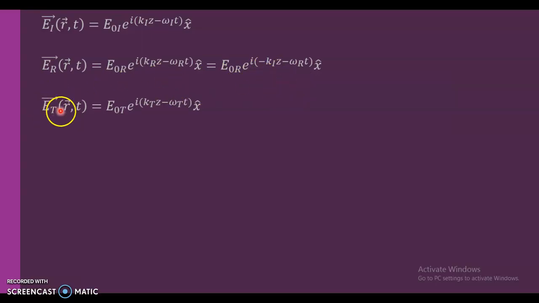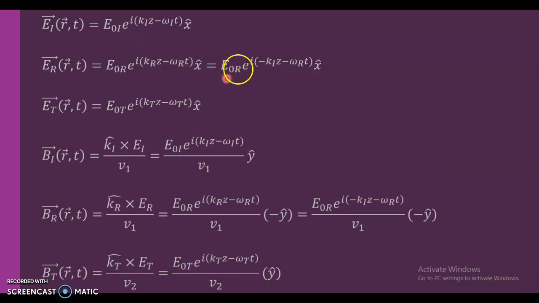In the same way, you can also write an expression for the transmitted wave, Et, which is equal to E0t e^(i(kt z - omega t t)) x cap. We can also write expressions for Bi, Br, and Bt. That is, Bi is related to Ei as ki cross Ei divided by v1.